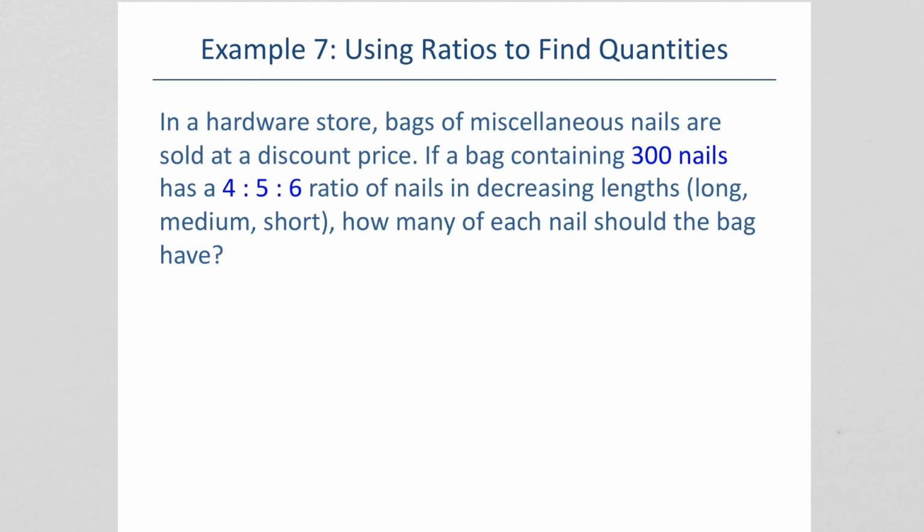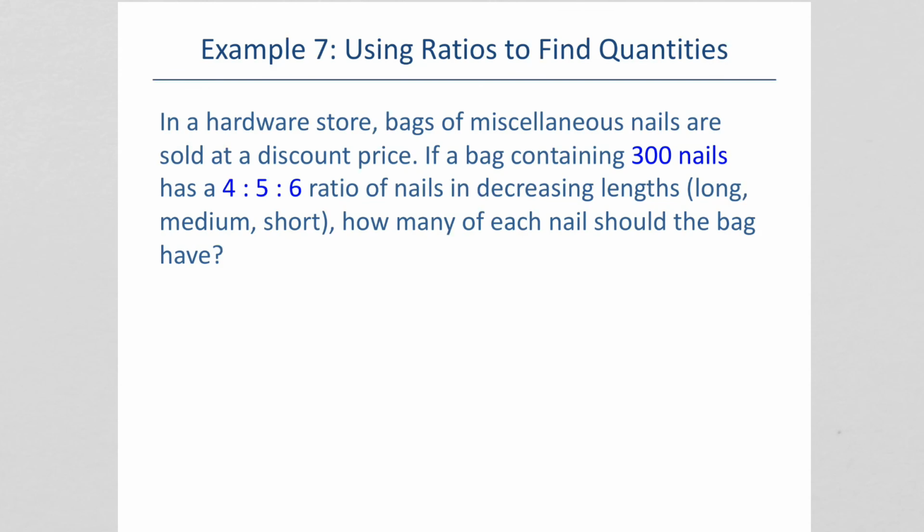In a hardware store, bags of miscellaneous nails are sold at a discount price. If a bag containing 300 nails has a 4 to 5 to 6 ratio of nails in decreasing lengths, long, medium, and short, how many of each nail should the bag have? Okay.